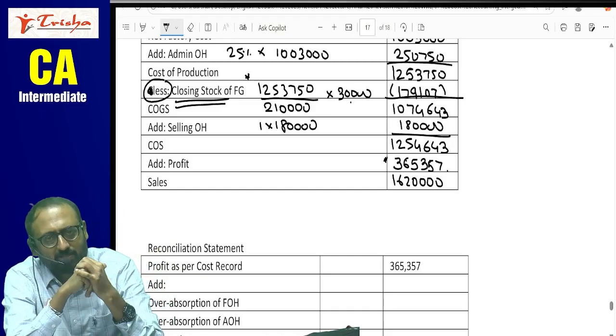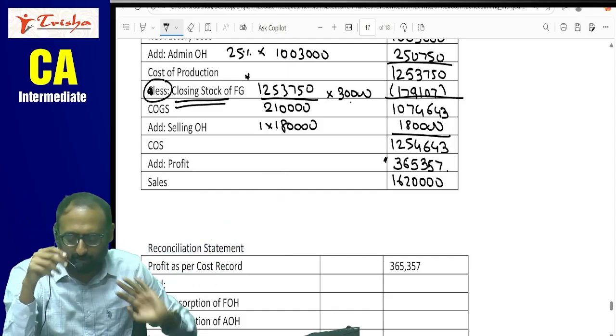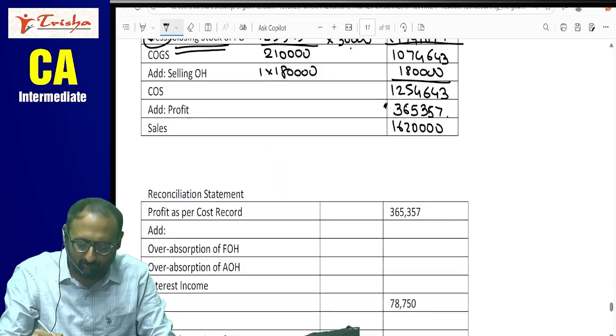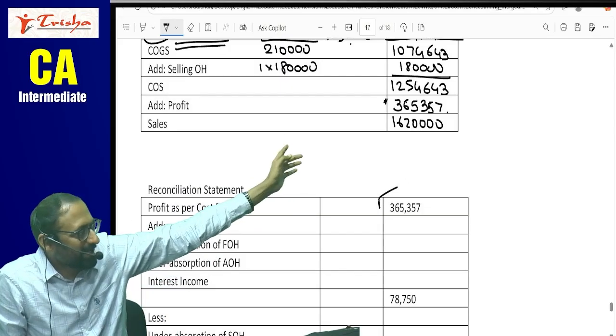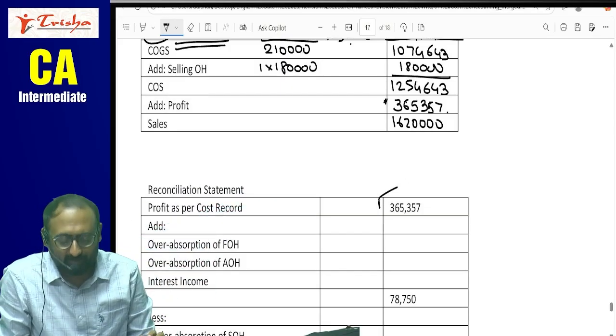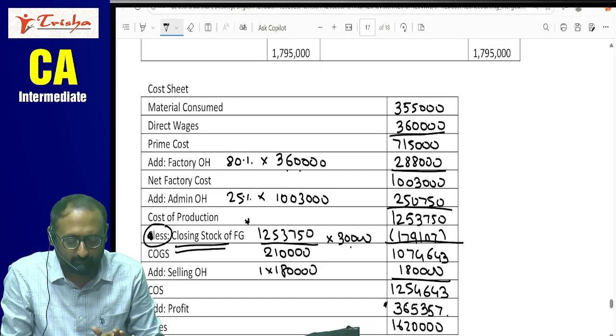So under the reconciliation statement, the first line I'll write is profit as per cost record. Sir, how much is profit as per cost record? 3,65,357.